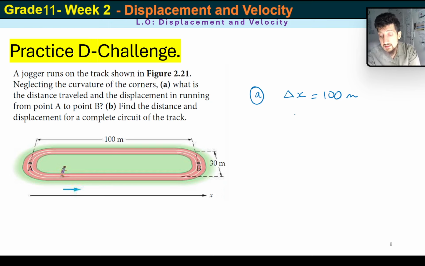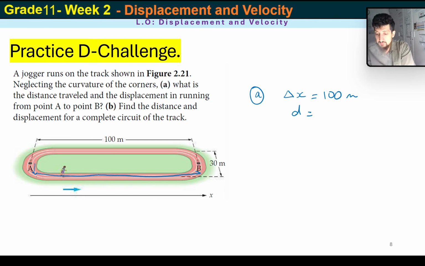Now what about the distance? The distance is going to be slightly trickier, because now we have to look at how the runner is going to get from point A to point B. So first they have to go down. Remember, we're ignoring the curves. So then they're going to go all the way. Of course, I can't draw a straight line. Here we go. That's as good as it's going to get.